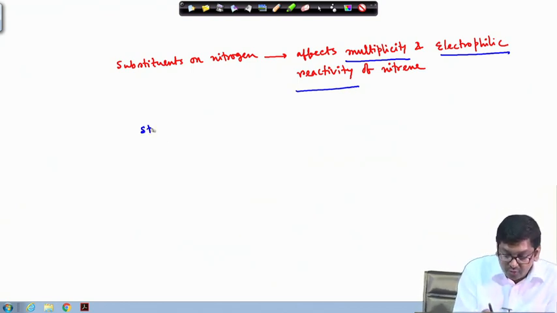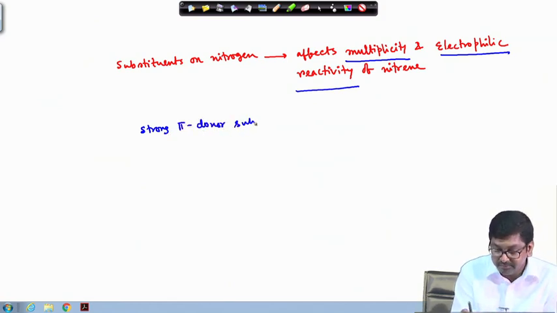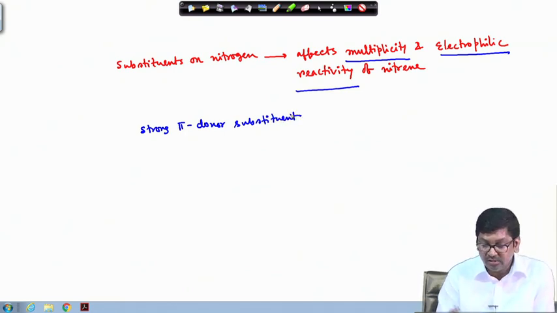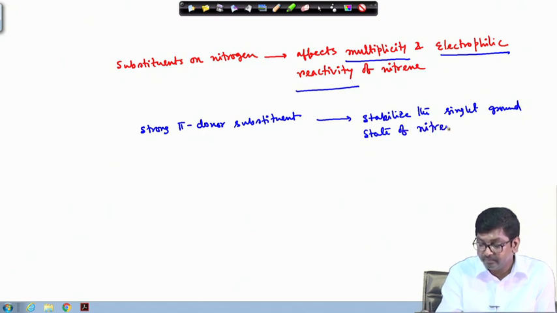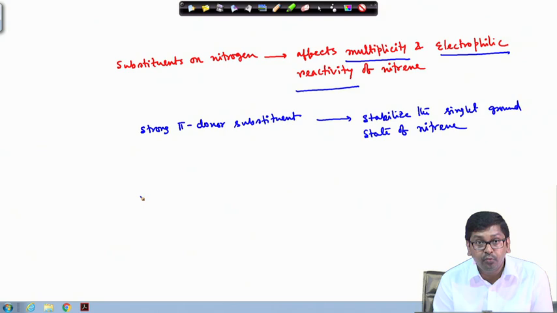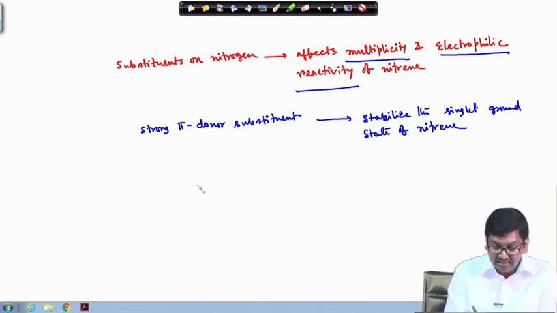So, if you take this strong pi donor substituent, then that will stabilize the singlet ground state of the nitrene. Okay. So, we will take one example, like 1-amino-2,2,5,5-tetramethylpyrrolidine, that is this molecule.